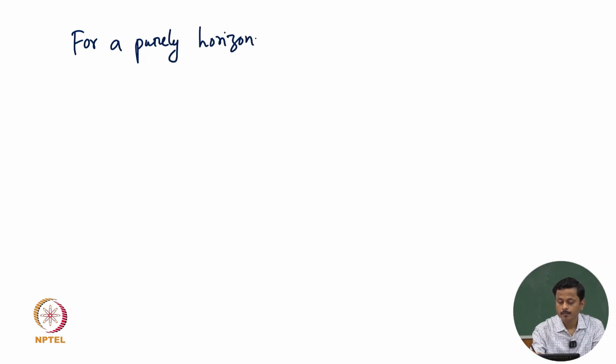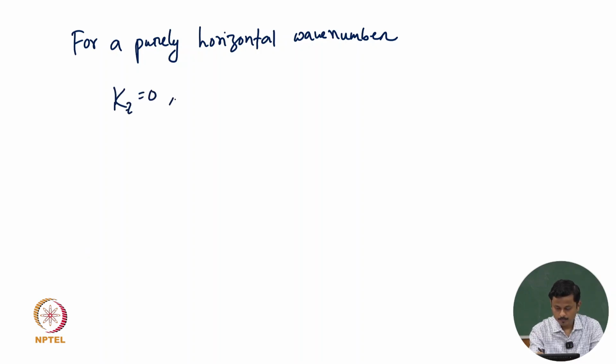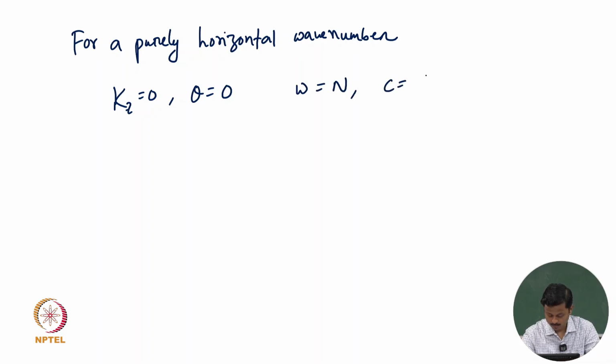Now, for a purely horizontal wave number, kz is equal to 0, theta is equal to 0, omega is equal to N, and c is equal to N by kx.